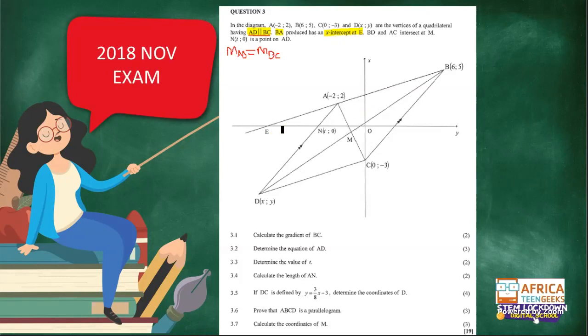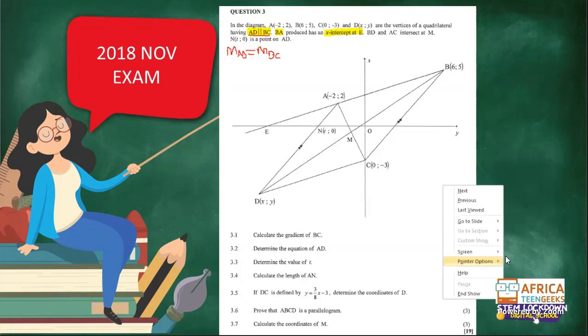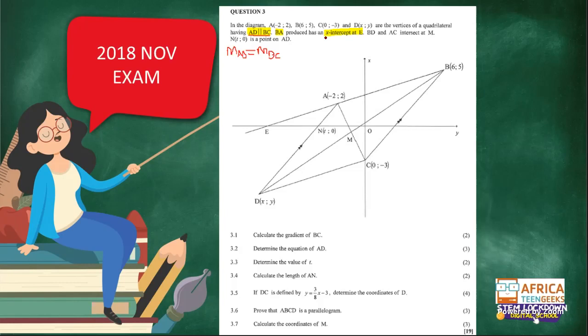What happens at an x-intercept? What's the value of y? So at an x-intercept, your value of y is, thank you, 0. So at an intercept, our value of y is 0.